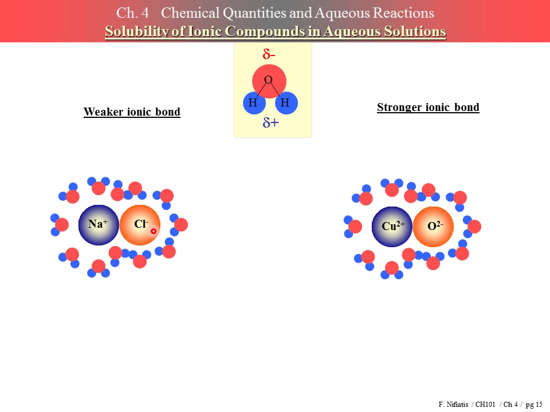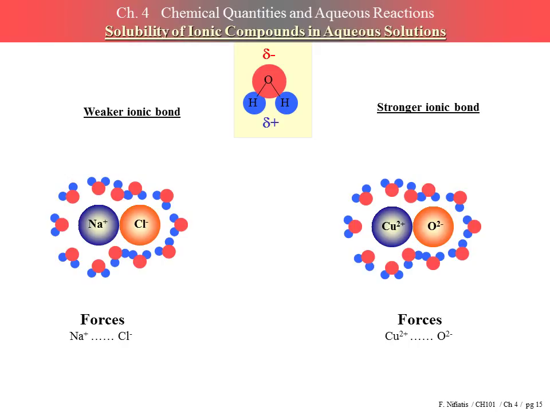In the case of the negatively charged chloride, the hydrogens are the atoms that will be interacting with the chloride, and the oxygens will be farther away. We are going to have exactly the same case with the copper 2 oxide. The oxygens will surround the copper, while the hydrogens will surround the oxide, which has a negative charge.